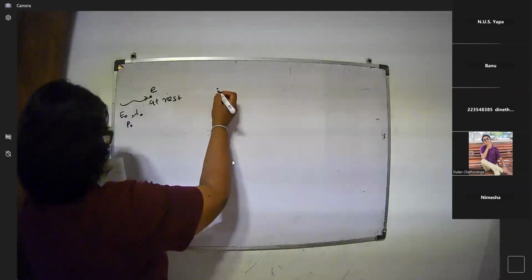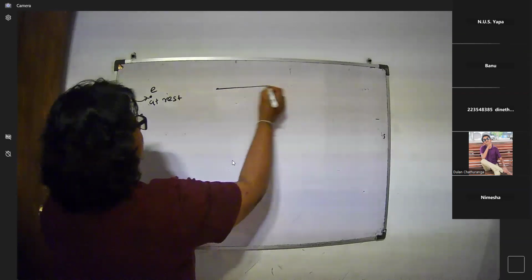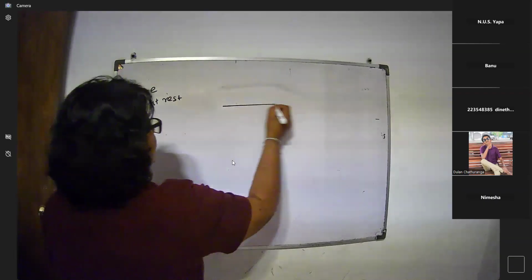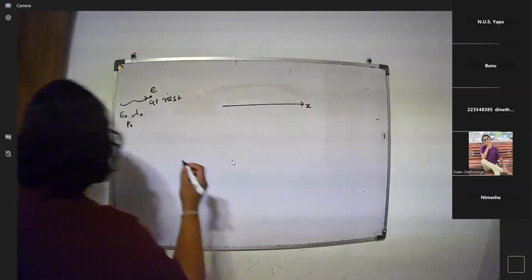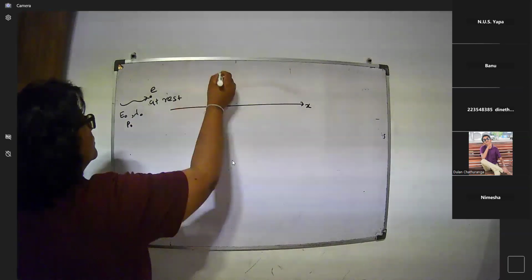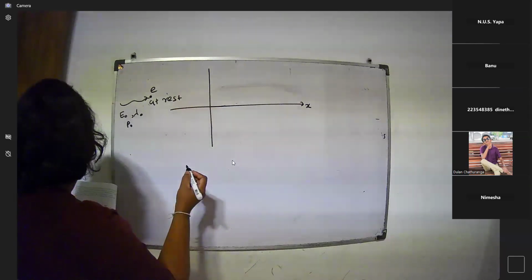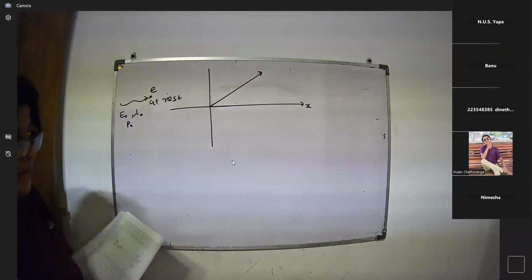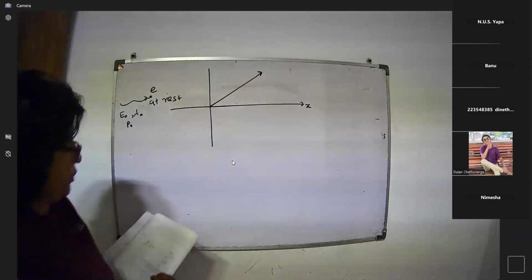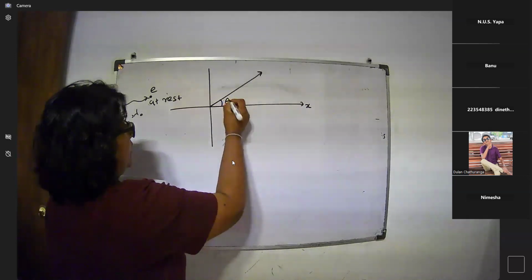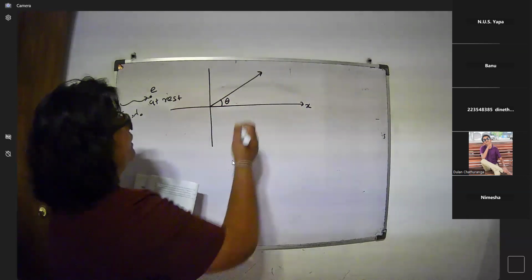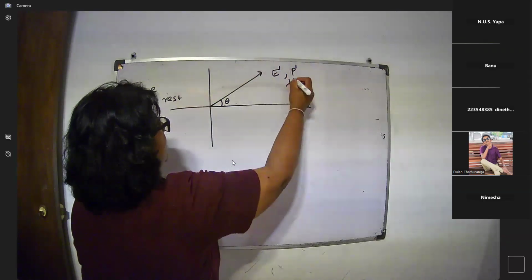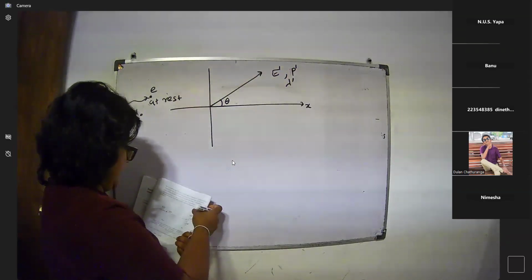Then you can see after the collision, this is the x-axis, and this is the scattered photon. The scattered photon angle is theta. We can take energy E dash, momentum P dash, wavelength lambda dash, like this.